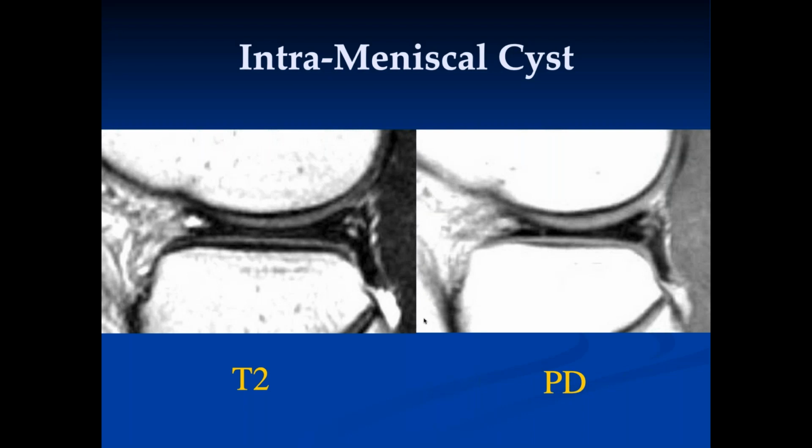The tear, John, can be distal from where the cyst is, up to a centimeter, or maybe even more. So you may not see the tear at all. All you see is a cyst, which is kind of interesting.